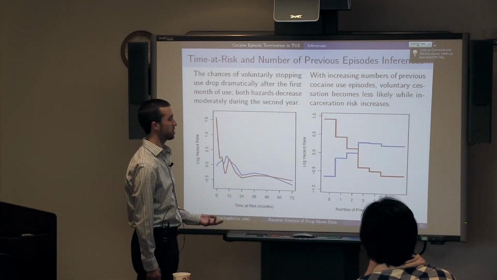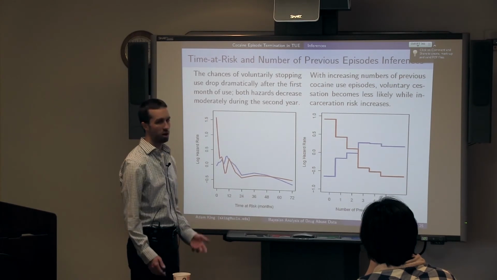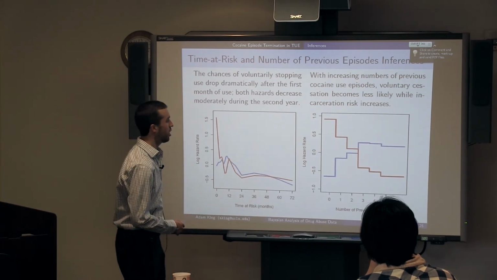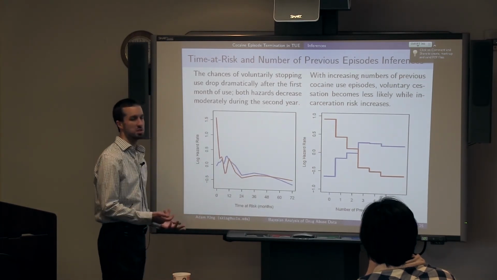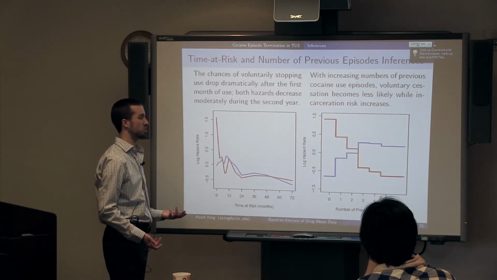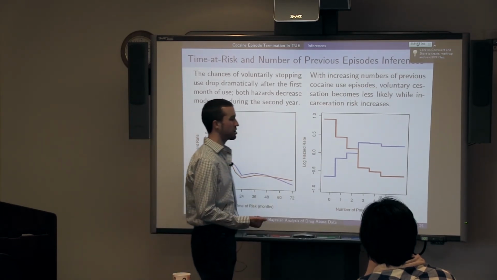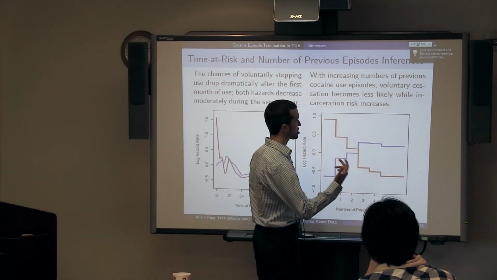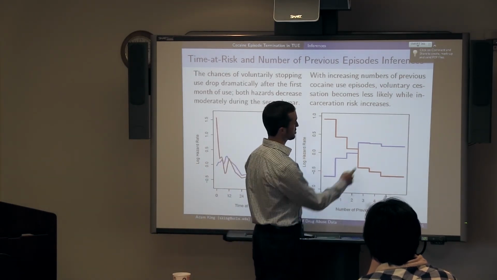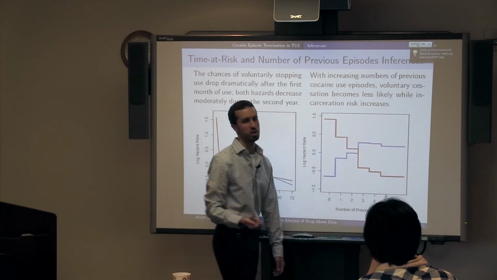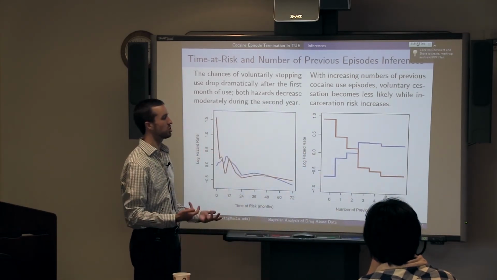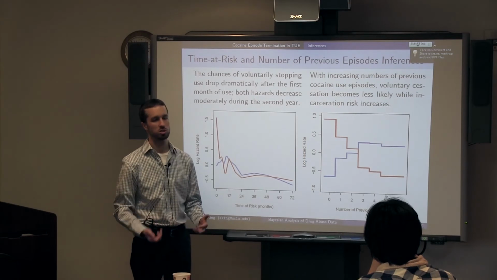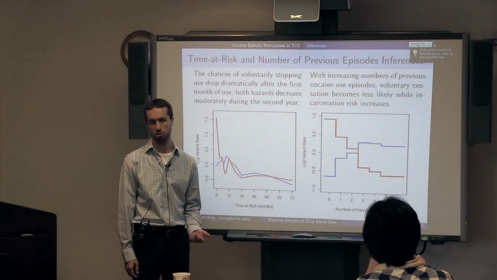You see the opposite relationship with incarceration, and this is what I was mentioning earlier. If you have these people, like say that person who's contributed 19 episodes of cocaine use, what's happening is by the time they've had a couple episodes of cocaine use, the reason they're stopping cocaine use and resuming is because this hazard of incarceration is high. So once people have been using for a while, they're not stopping voluntarily, they're stopping because they become arrested.